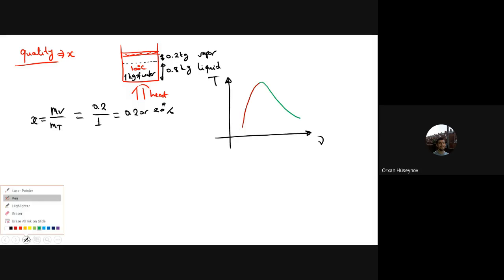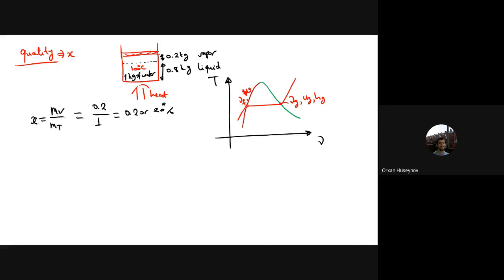What we are interested in is the water at 100 degrees Celsius, so this part is what we are interested in. The rest is superheated, and this part is compressed. So this region is compressed, and this point here is nu_f, and this point here is nu_g, or u_g, h_g, it doesn't matter. Similarly here, nu, h_g, u_g, etc.